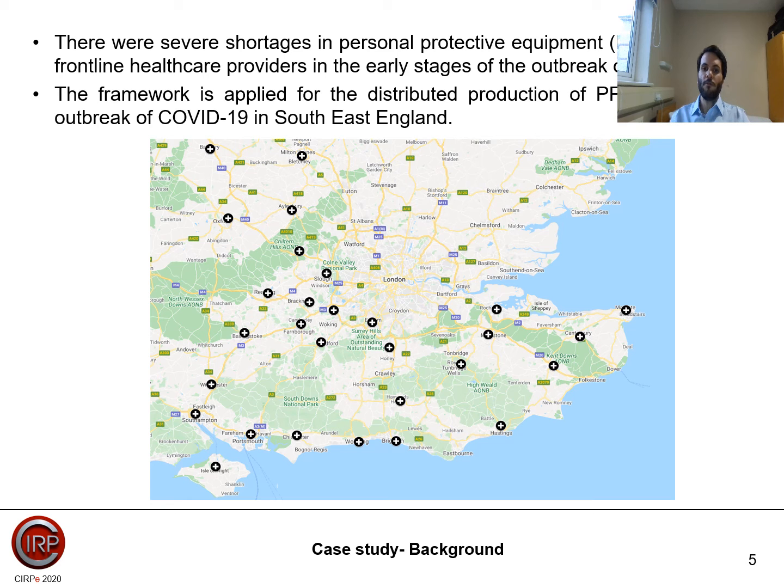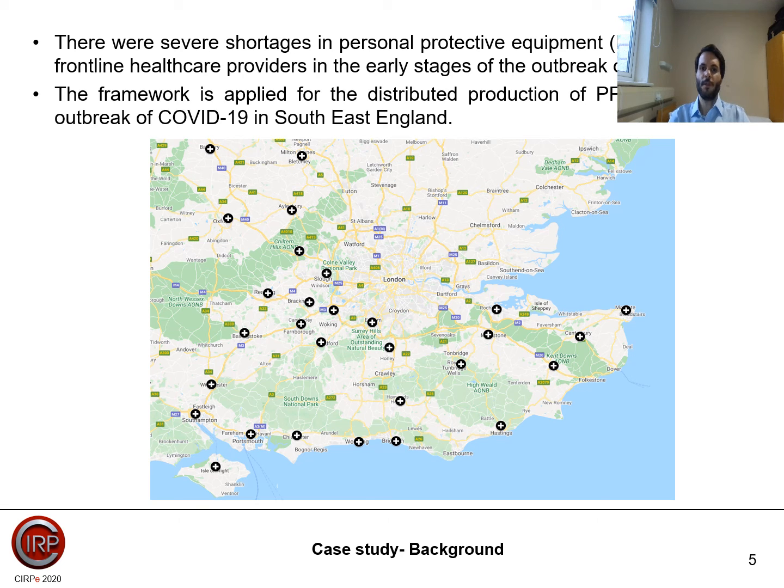Now, the production for the face shields is assumed to be done using additive manufacturing, which is commonly known as 3D printing, and has been demonstrated earlier during the pandemic to be able to produce face shields efficiently. Face shields in particular are chosen because they are not subject to strict regulations such as other medical equipment.